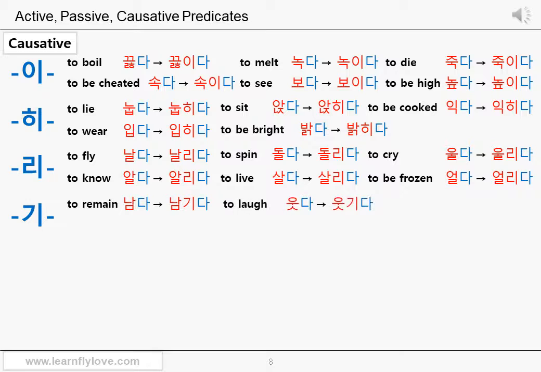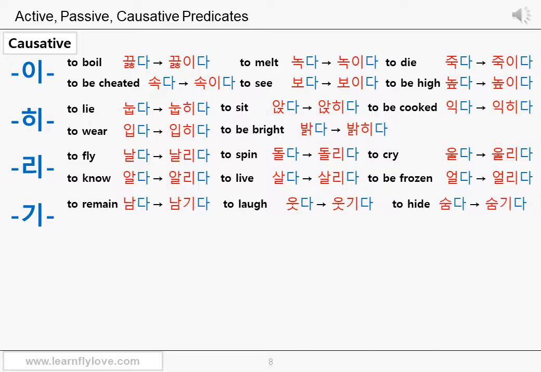To laugh. When you say someone laughs, you use 웃다. But when you say someone makes you laugh, you use 웃기다, someone 웃기다, you.